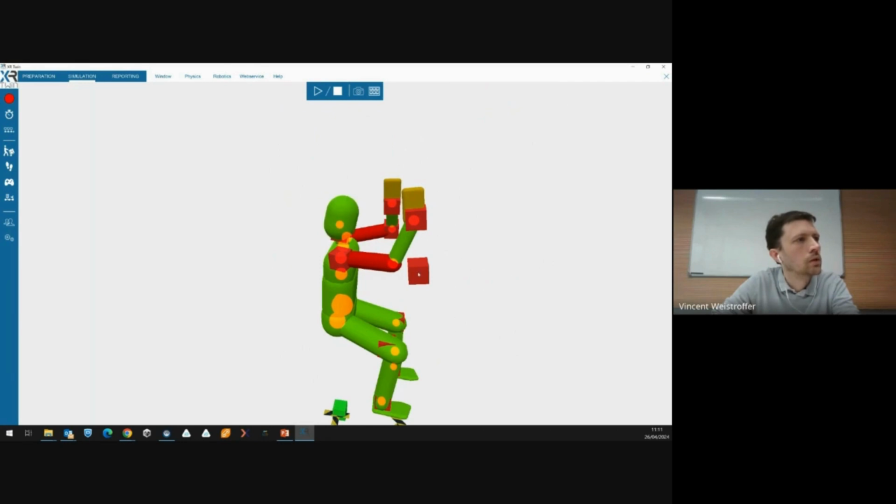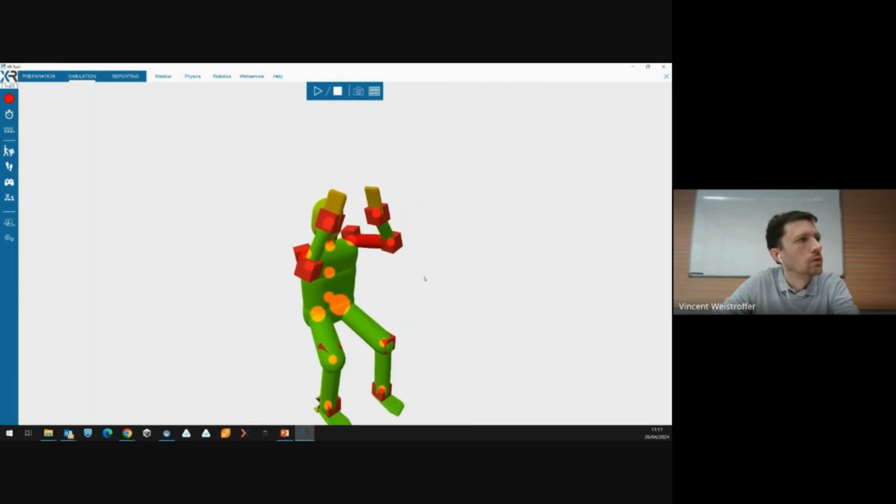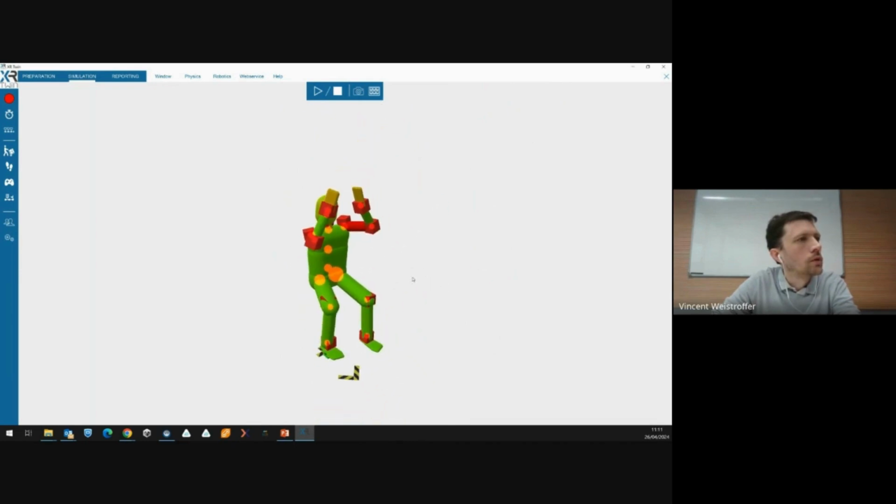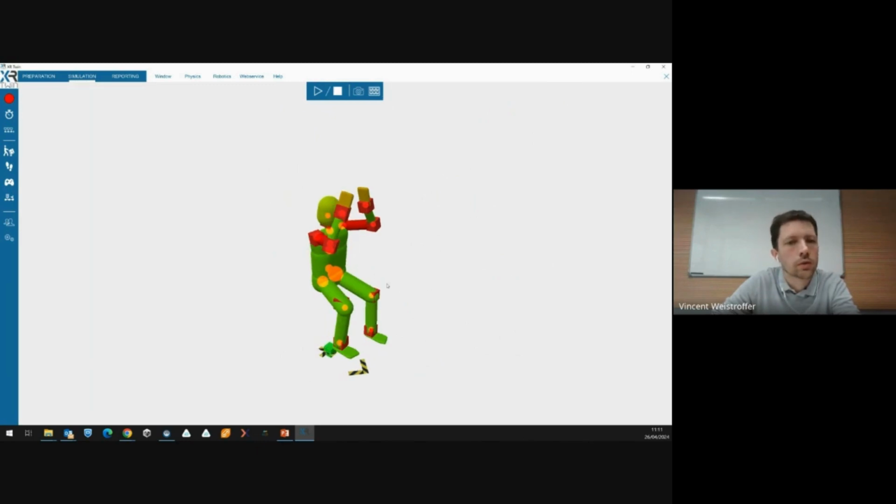Here I move them in position, but I can also define them to move in rotation only. So I hope it's clear for everyone. Here we have a digital human model, and we know how to control it in space in order to reach some targets.